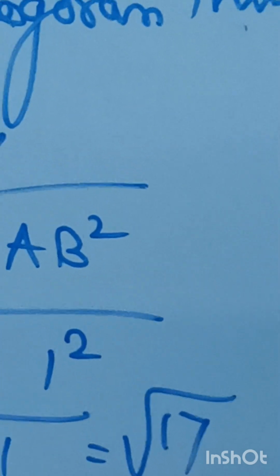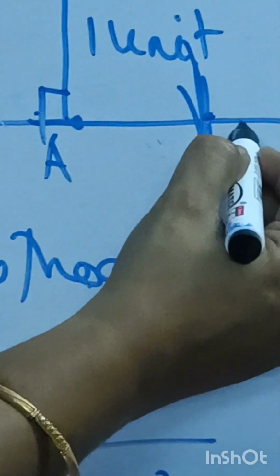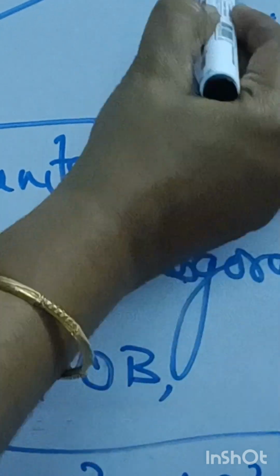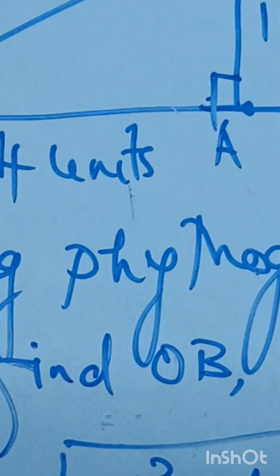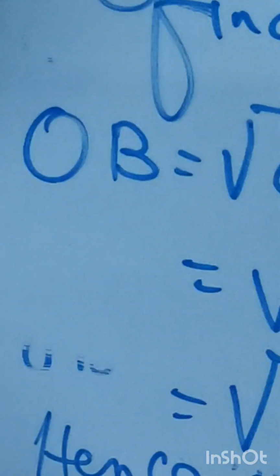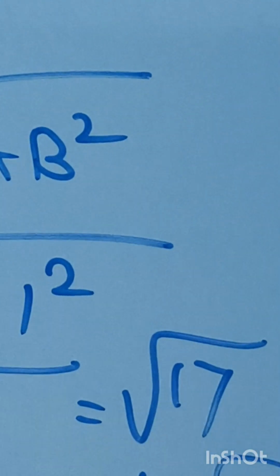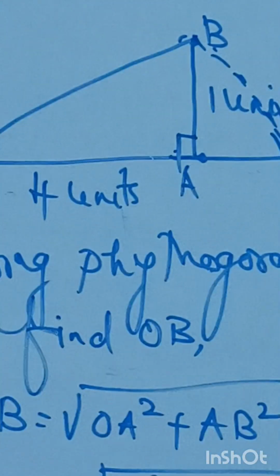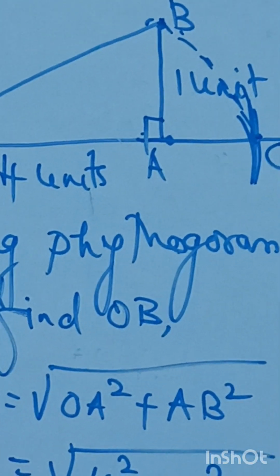So now mark this point as C. We have drawn an arc, hence OC represents root 17, and we have expressed root 17 on the number line. This is the procedure we have to follow for evaluating.